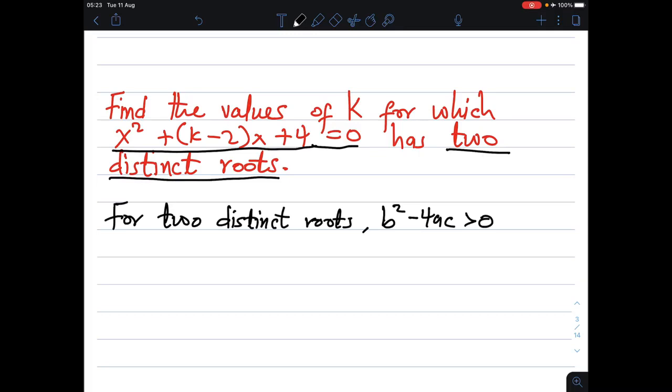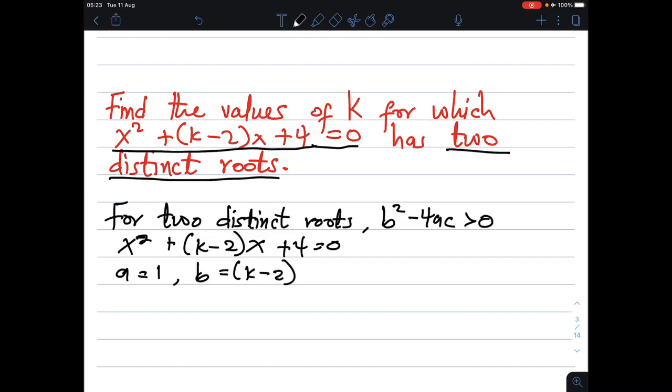So if you have x squared plus k minus 2x plus 4 equals 0, you can say that a is 1, b is k minus 2, and then c is 4, isn't it? Good.